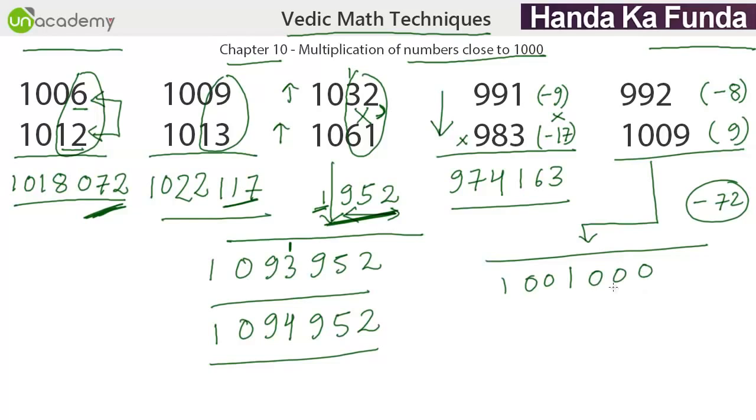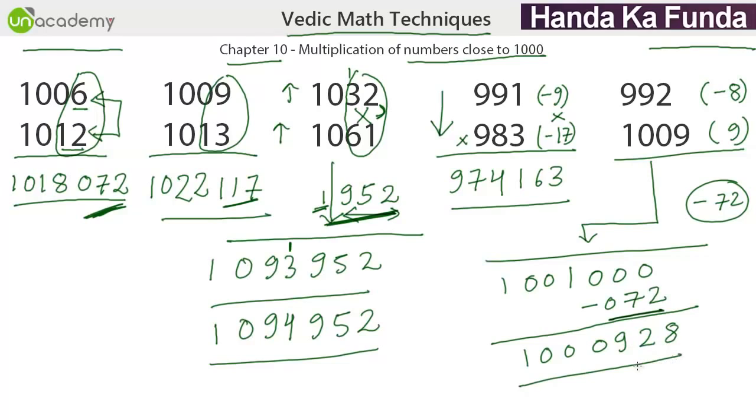This was essentially 1000 and then minus 072. That's what I need to do because those are my last three digits. And what do I get as the result? 100 remains 100 and then 1000 minus 72 will give me 928, and hence my overall result comes out as 1000928.